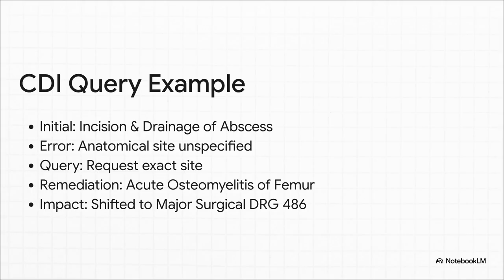You need a specific body part. So the CDI specialist sends a query. The clinician clarifies it was actually acute osteomyelitis of the right femur. Just by transforming that one vague note into a definitive diagnosis, the entire case flips from a lower-weighted medical DRG right into major surgical DRG 486. That one clarification entirely rewrote the claim.